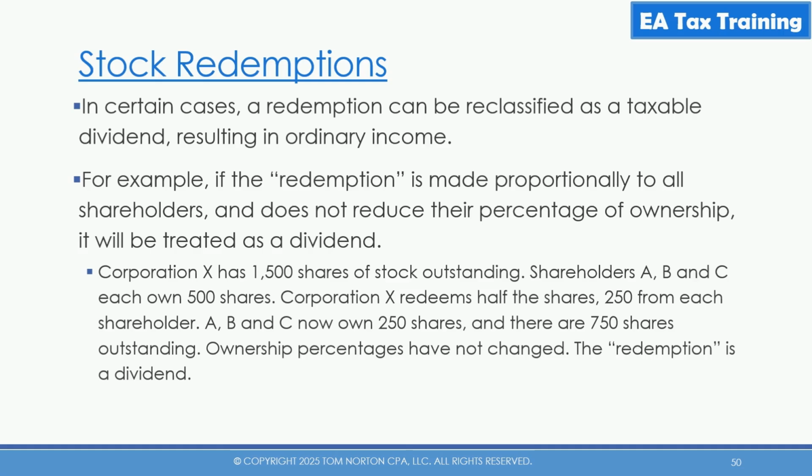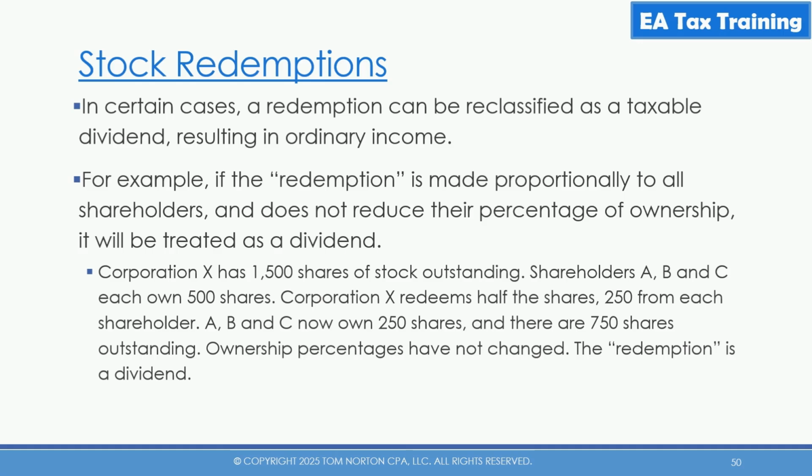In certain cases, a redemption will be reclassified as a dividend, resulting in ordinary income. So, for example, if the redemption is made proportionally to all shareholders and does not reduce their percentage of ownership, it will be treated as a dividend. So Corporation X has 1,500 shares of stock outstanding.